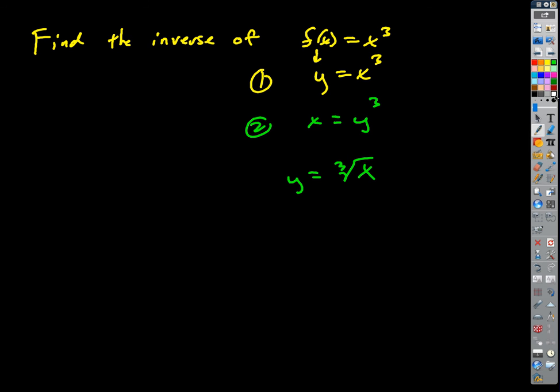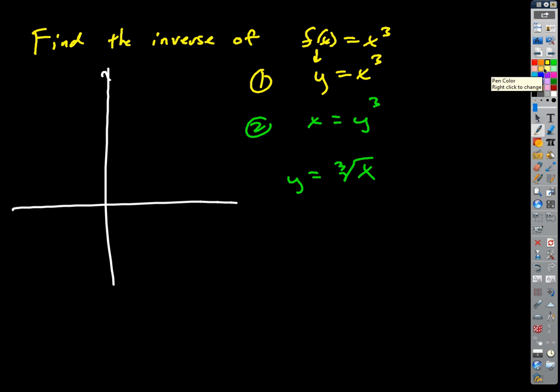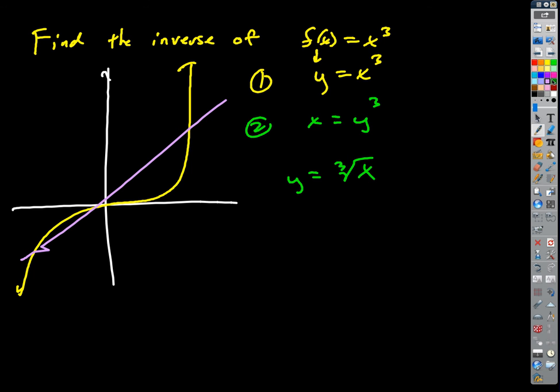How come it's so easy? Look at the graphs. So here's y equals x cubed, looks like this. That's a pretty bad graph, but you get the idea, right? If I rotate that around the line y equals x, I just get something like this.